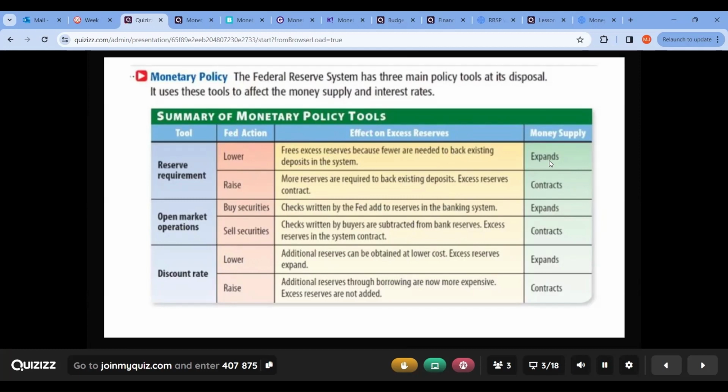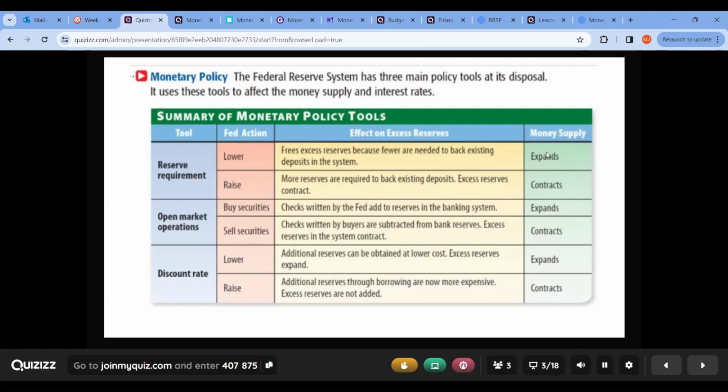So when they lower the reserve requirement, more money is available to loan out to people, and that will increase the money supply. They're forced to save less in reserves and they can lend more. That's a good thing for the economy because more money supply can be created. If they can lend more, there's going to be more money created.